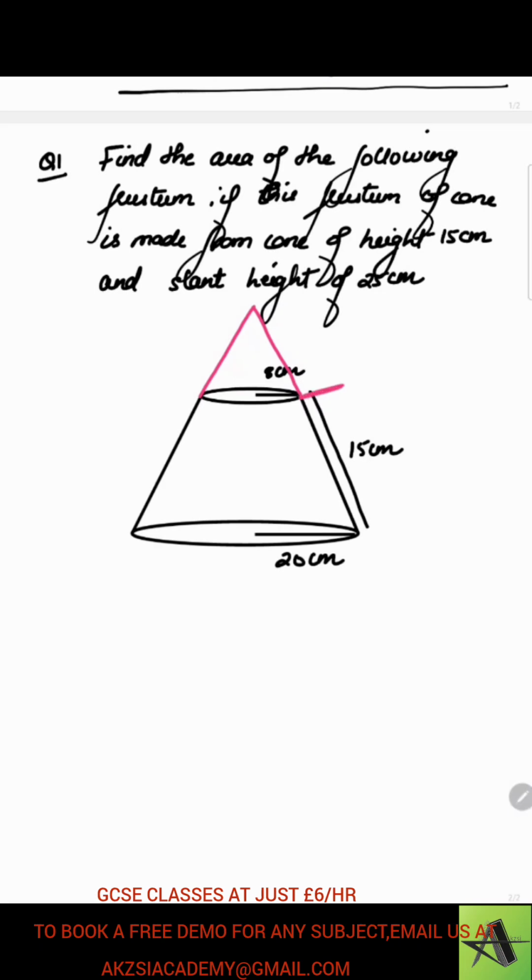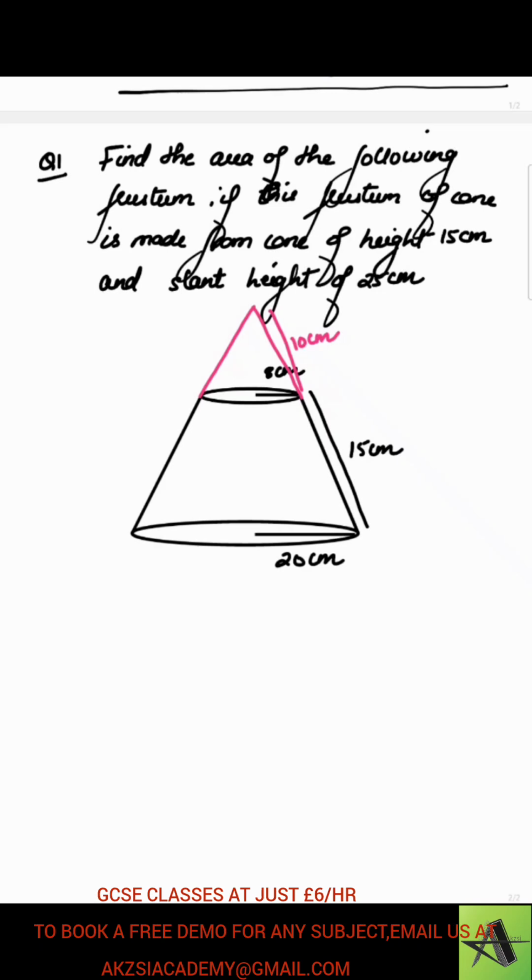If this part is 15 centimeters, obviously this remaining part would be 10 centimeters. Now, to calculate the area of the frustum, we should know the slant height. It's not very important to calculate the other stuff. We don't need the vertical height or anything in this question. Only the slant height is more than enough.